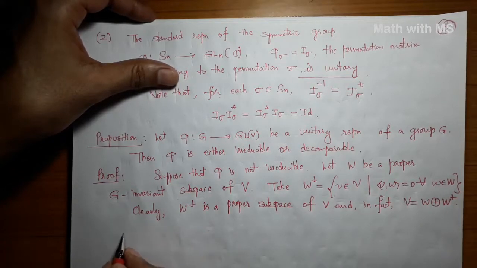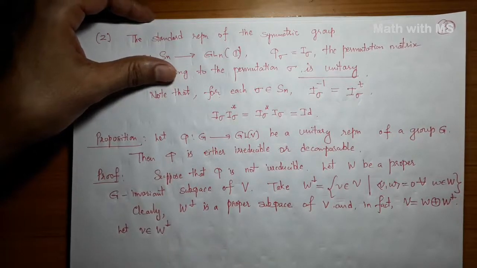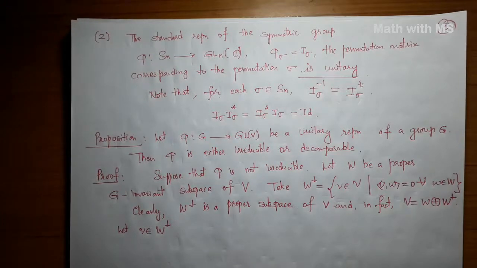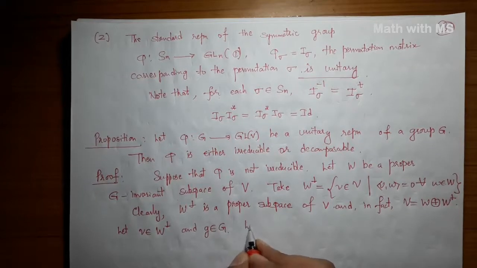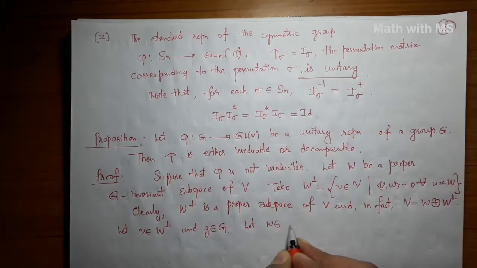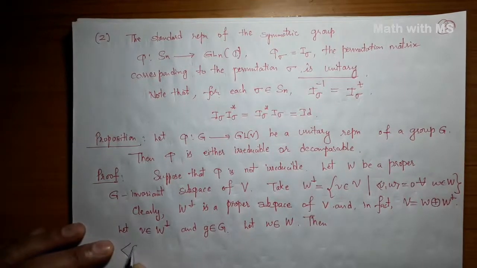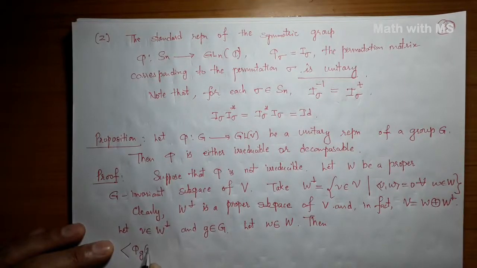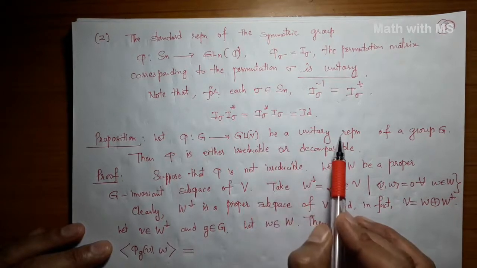So take an element in W perp. Let us say let v belong to W perp be an element, and g be an element of the group G. So let us take one arbitrary w in W. Then consider the inner product of phi g of v with w. Now your representation is given to be unitary.